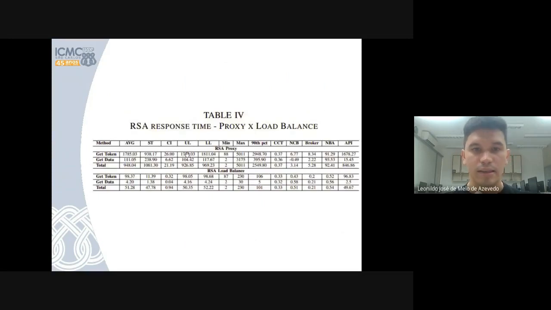This table shows the RSA response time with load balance and without load balance. Here, I put this table only to show how the metric is collected one by one, but it's not very important at the moment.